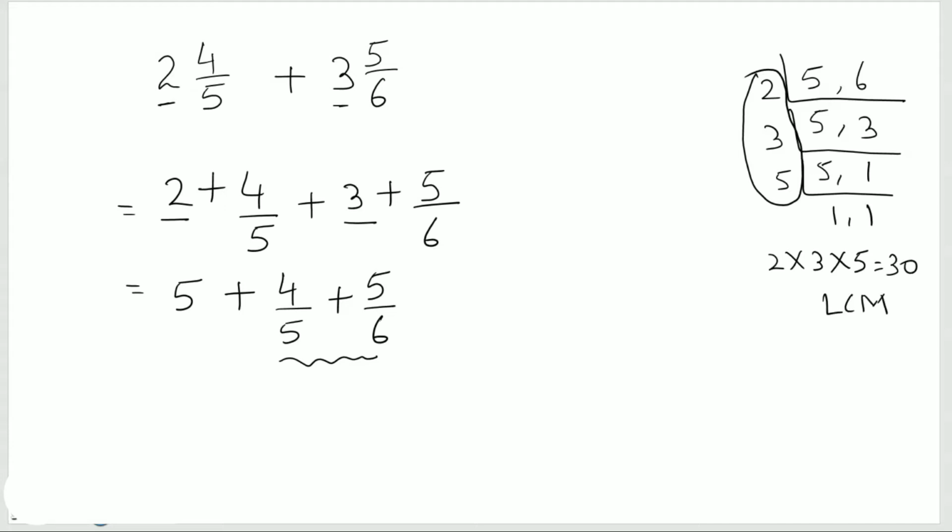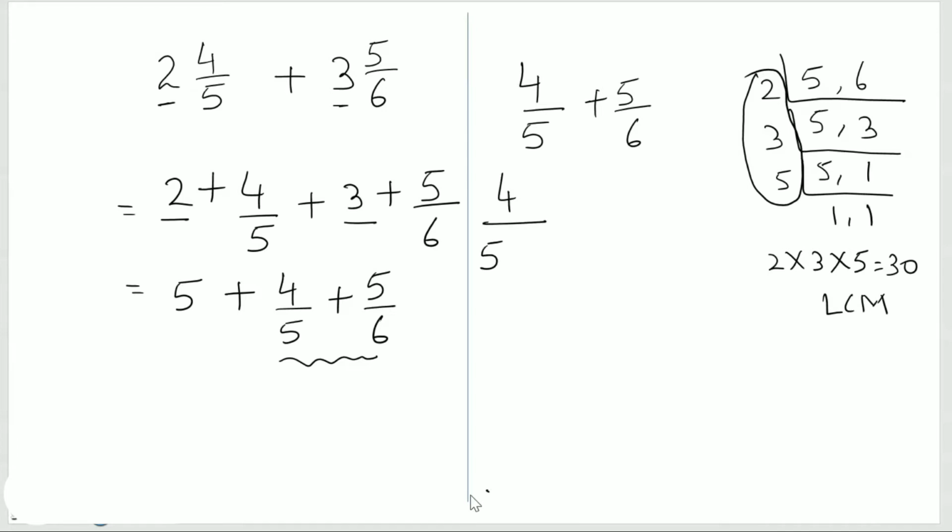And we find out the LCM to make the denominator same. Two fractions can be added only if we have the same denominator. Now to add these, first let's convert the denominator to 30.